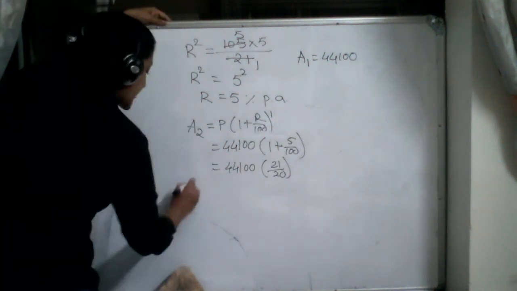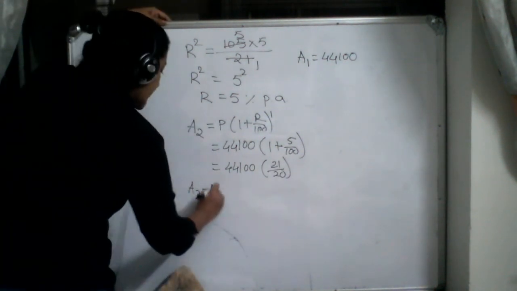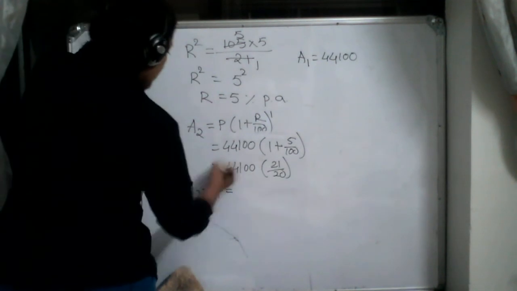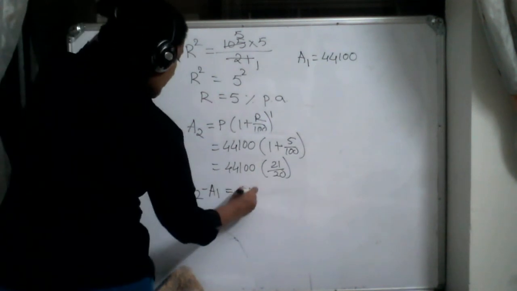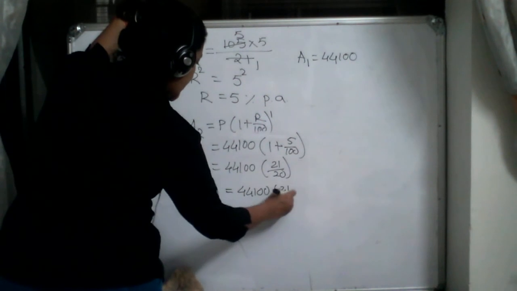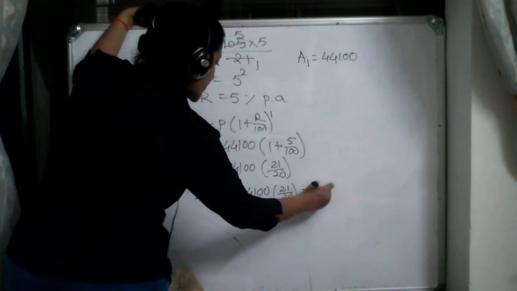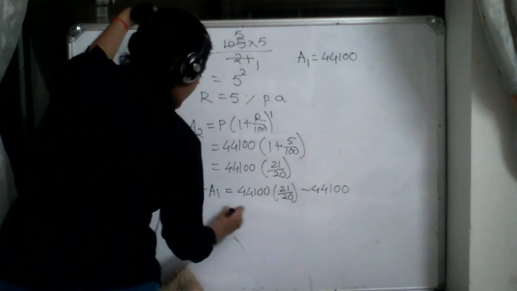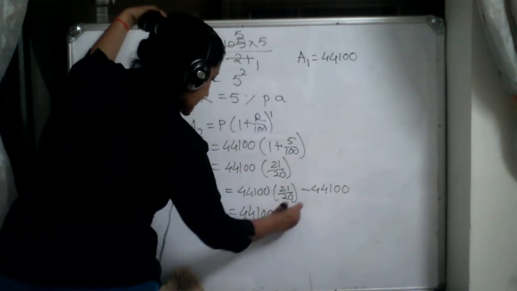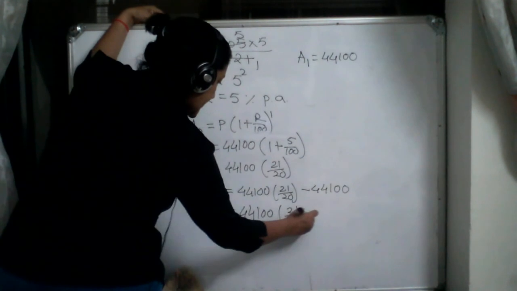Now I have to find A2 minus A1 to find out the CI of the second year. So this is A2, 441 double 0 into 21 upon 20, minus 441 double 0. Now you must have understood why I have kept 441 as it is. 21 upon 20 minus 1.